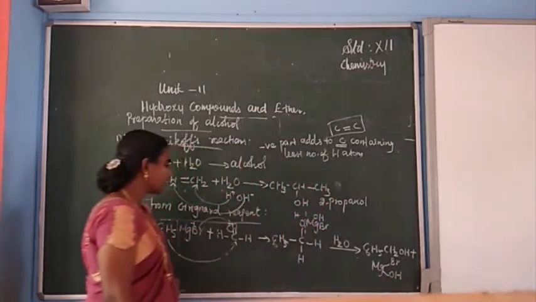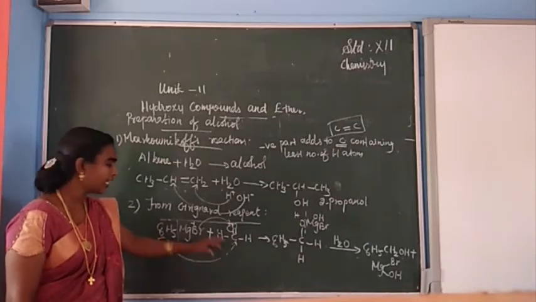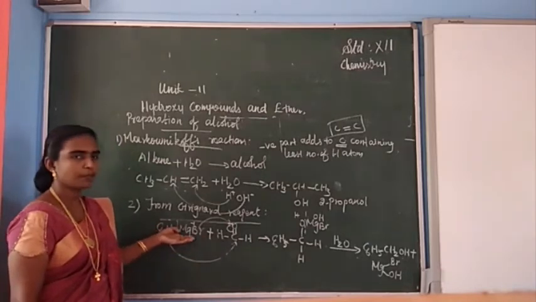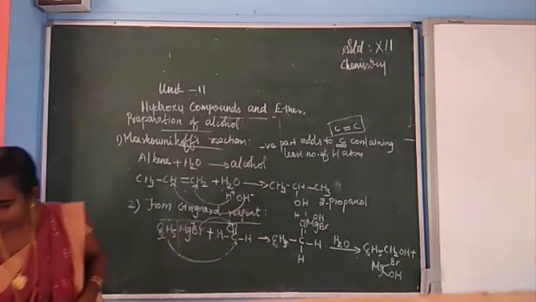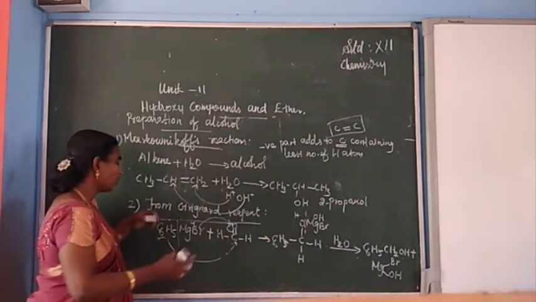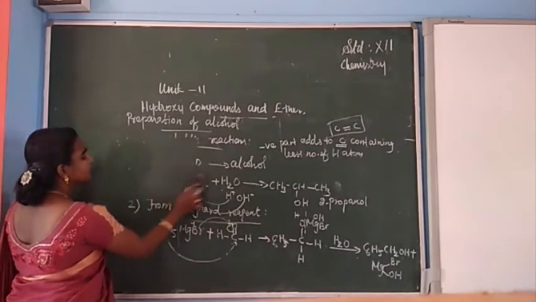Is it clear, students? From Grignard reagent, from formaldehyde and phenyl magnesium bromide, you can prepare benzyl alcohol. Next, from acetaldehyde and acetone it can also be done by the same method.